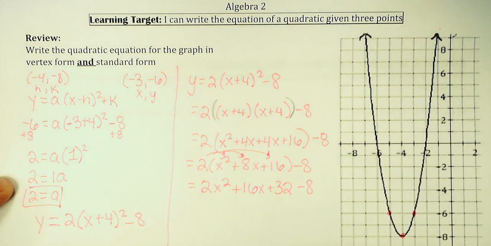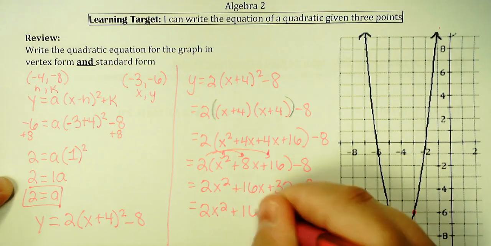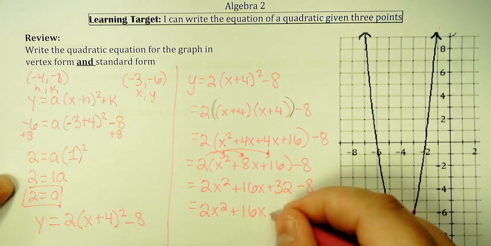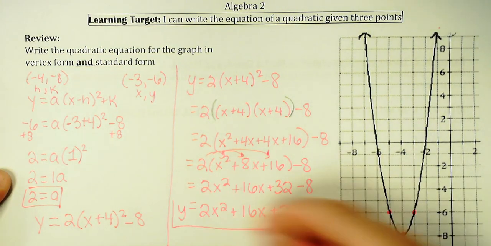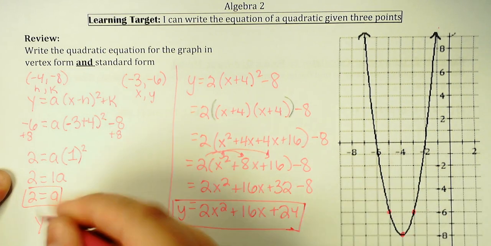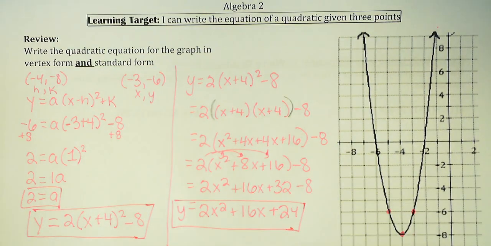Now that the parentheses are all gone, I can actually use that -8. 32 minus 8 is 24. And this would be my equation in standard form. And you don't need to do any factoring or anything like that. Standard form is when you're all multiplied out.